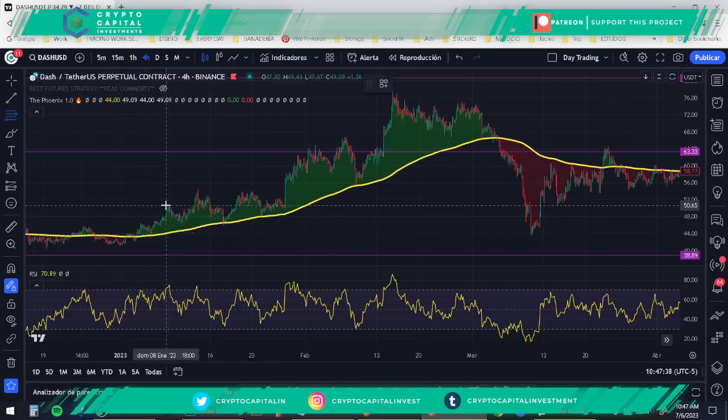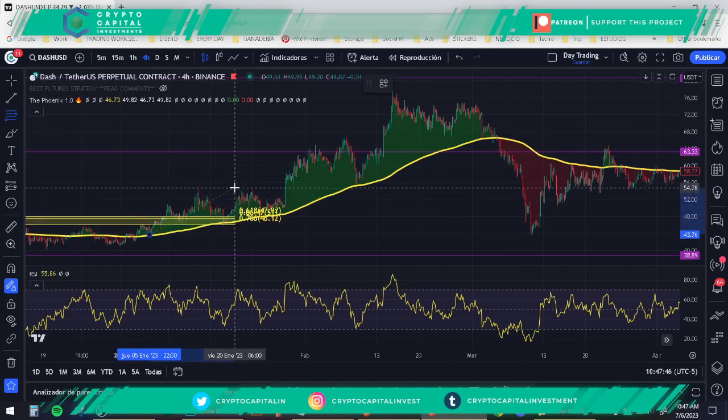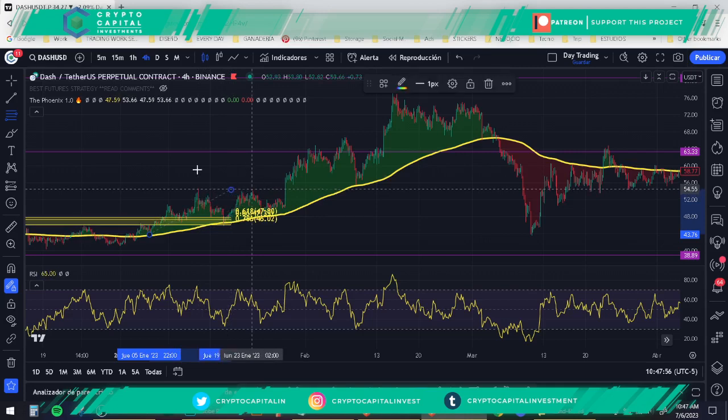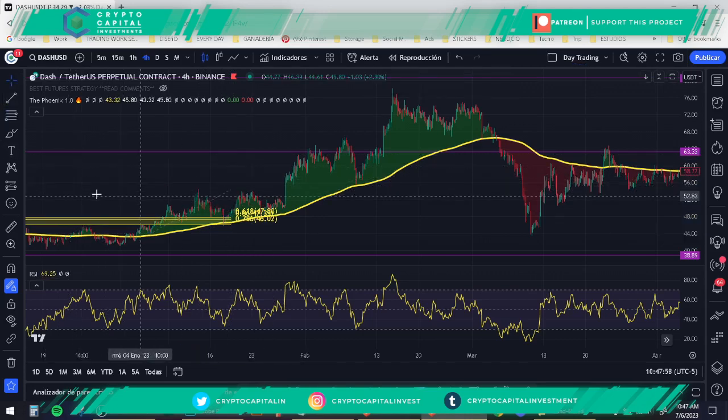We are going to look at the retrace tool. So I put it here, I extend it to the right, and you can see it got hit one of the levels.